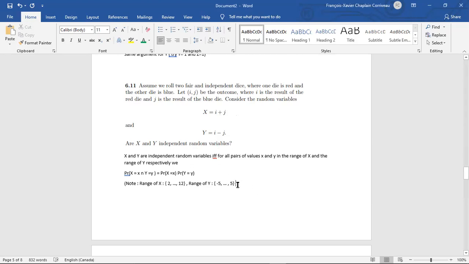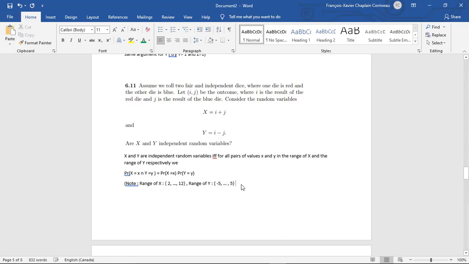So it's not just one die, it's the sum here. Okay, so again, this is not something that you write in your solution. It's just to think about what this is asking you to do. If these two things were independent, how many equalities would you have to check? From 2 to 12, that's 11 values. How many values are there for Y? That's 9, right? No, that's 11. Can't count.